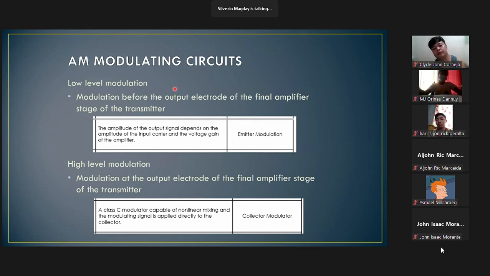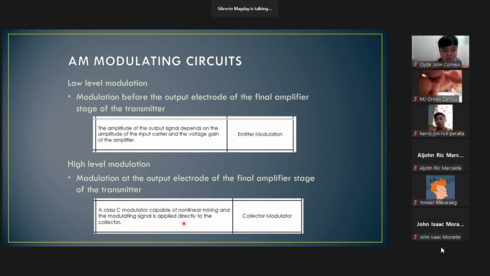AM modulating circuits: low level modulation and high level modulation. So low level is modulation before the output electrode of the final amplifier stage of the transmitter. Ginagamit dito mga emitter modulation, yung amplitude ng output signal depends on the amplitude ng input carrier and the voltage gain ng amplifier. Ayan, pag sa high level, mga collector modulator yung ginagamit, wherein pag sa high level kasi mga medium power or pang high power.